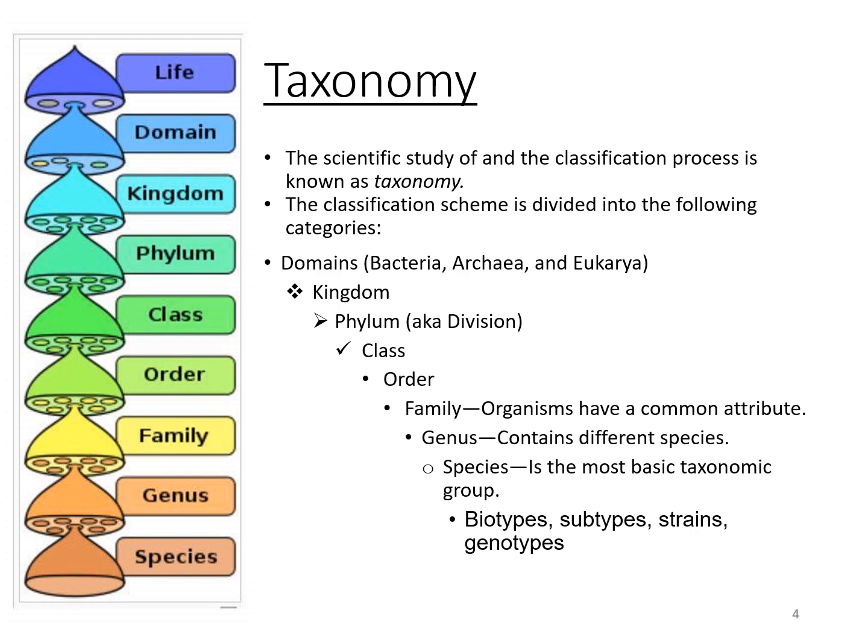After that, it's divided into kingdom, and then phylums, class, order, and family. Within a family, the organisms have very common attributes. Then it's further divided into genus, and one genus can have several species within that genus. And the species, of course, is the most basic taxonomic group.